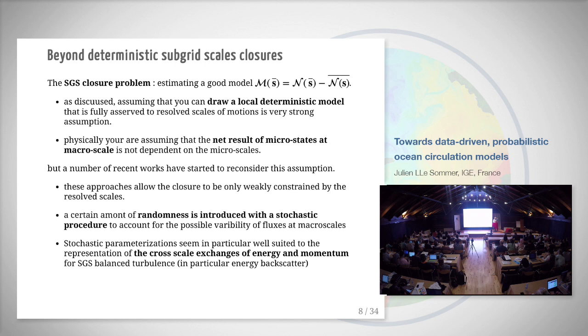So it seems that in the recent literature, if you read ocean modeling journals, you would probably have seen that the number of papers mentioning the word stochastic in the title has been rising dramatically over the last 2 years, and there are two fields where it is now quite established that stochastic closures can bring something to ocean modeling.